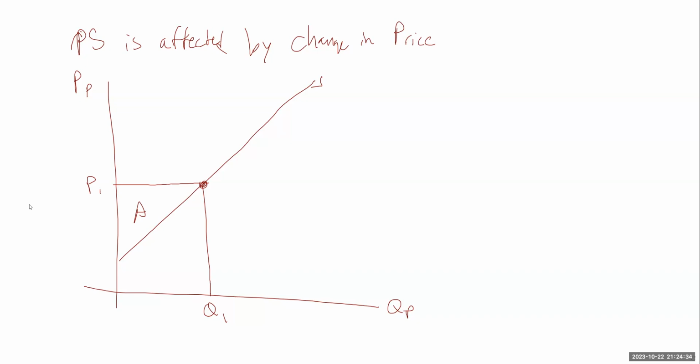Suppose we have a change in price and the price goes up to P2. And they sell now Q2. Now this gain right here, we could break that into B and C. B is earned by those that were already more than happy to sell pizza at P1.